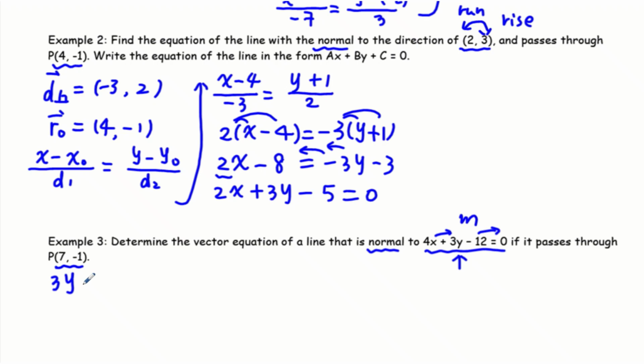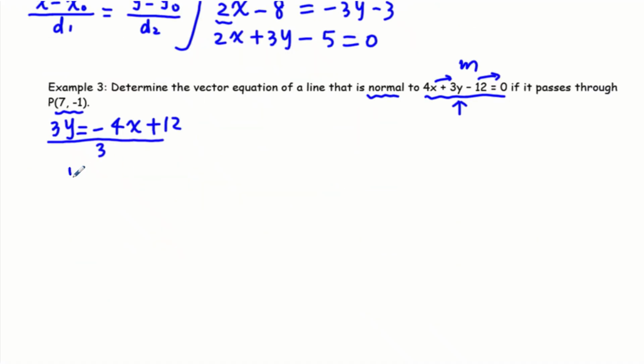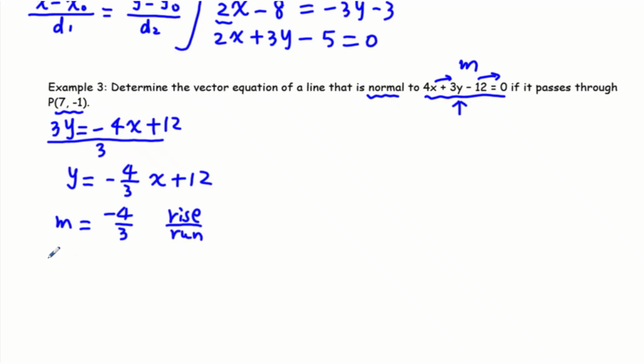So 3y equals minus 4x plus 12. Then bring the 3 to the other side, do the opposite operation. Then we have y equals negative 4 over 3 x plus 12. So our slope equals negative 4 over 3. So we could put the negative on the top, 3 at the bottom, then the perpendicular will be the opposite flip, negative reciprocal.